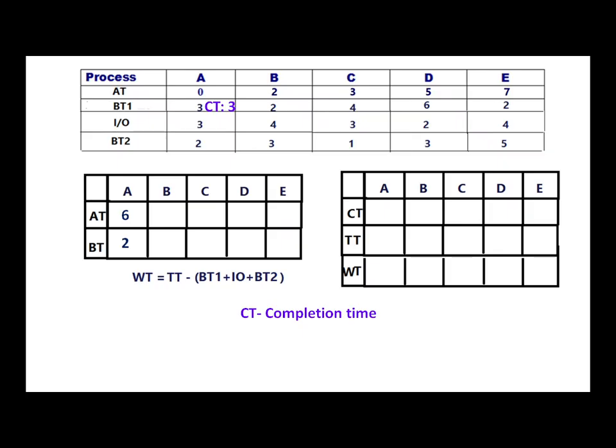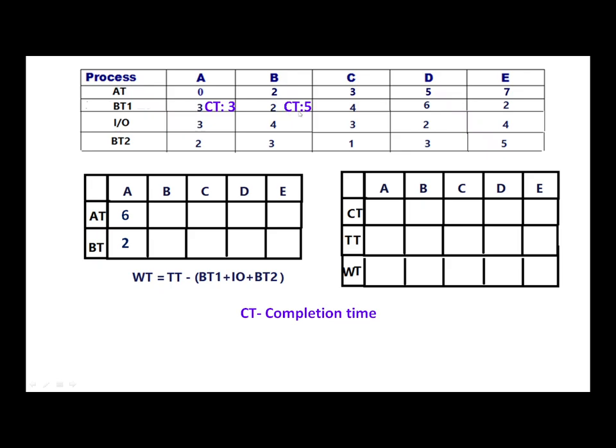In this way we are now proceeding to select the next process, and B is the second process. Since A left the CPU at time 3, B enters the CPU at 3, and because its burst time is 2, it is going to continue in the CPU up to 5. And once again we apply the same logic.